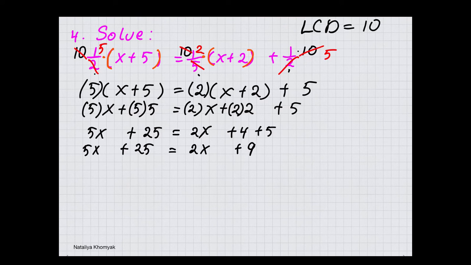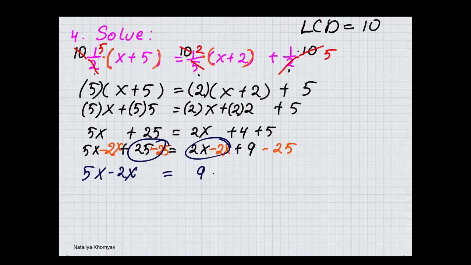And now I can solve. So the opposite of adding 25 would be minus 25. Minus 25. Opposite of having 2x here would be minus 2x. So now we have 5x minus 2x. That's a 0. Equals to 0. 9 minus 25. 5 minus 2 of x equals to different signs.